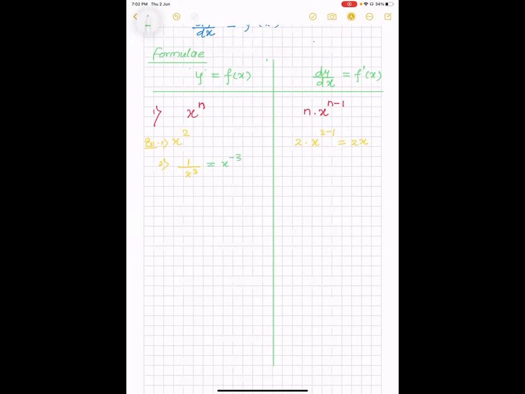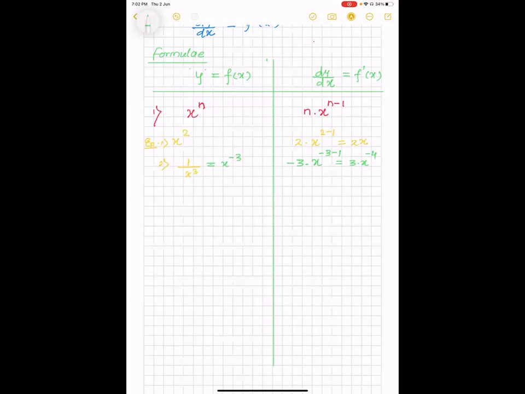As I said while writing the formula, this formula works for any value of n, so I can apply it to x raised to minus 3 as well. Here the value of n is negative 3. So if we apply the formula, we get minus 3 times x raised to minus 3 minus 1, which finally gives us minus 3 times x raised to minus 4.